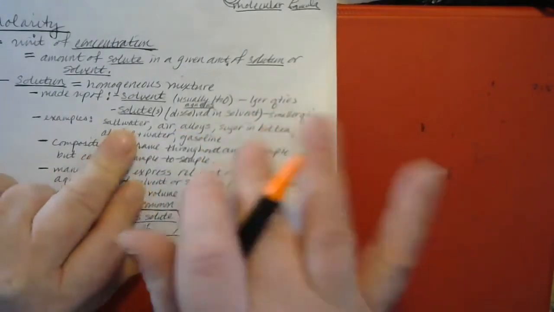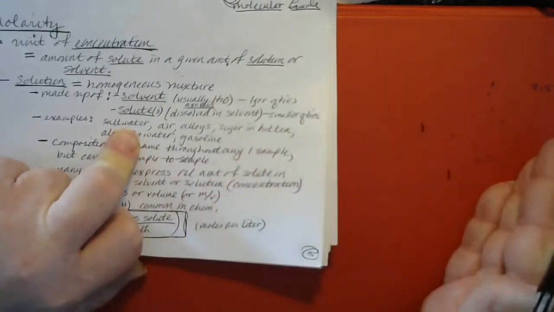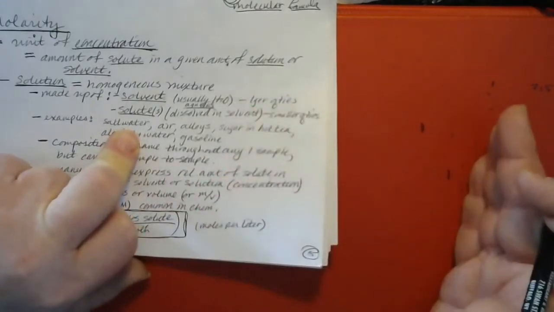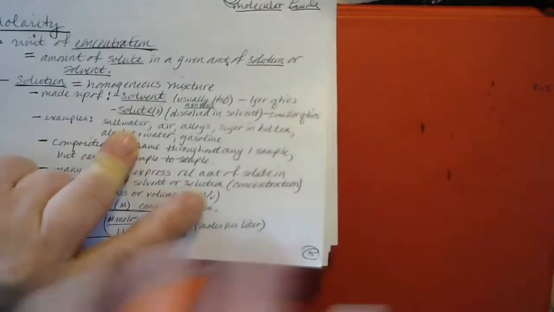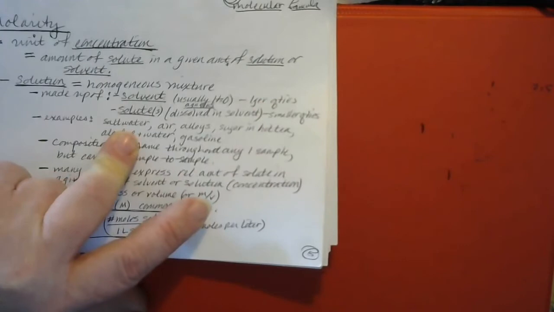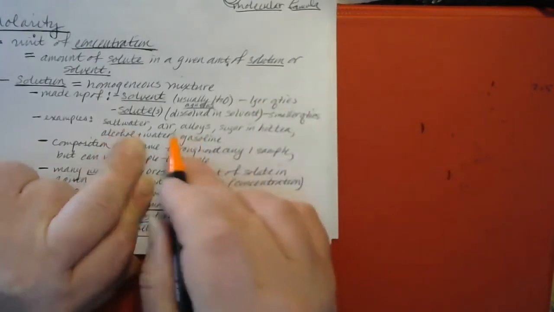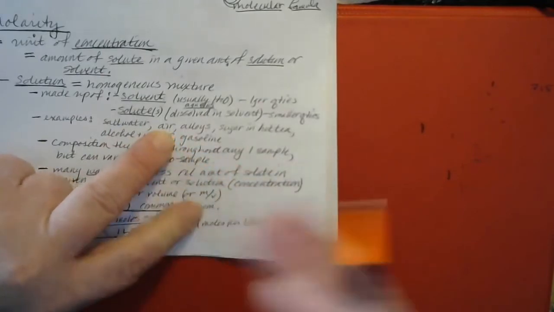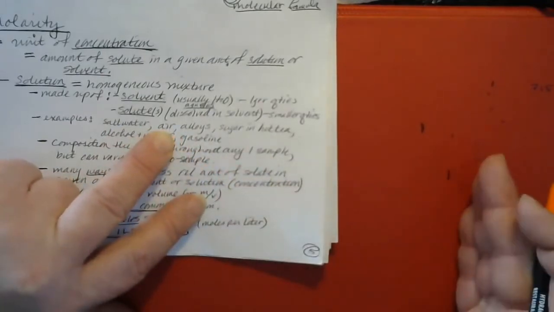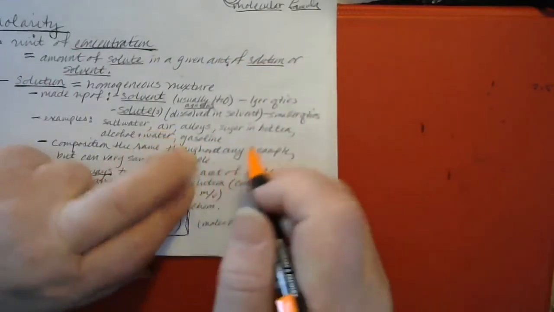Like when you dissolve salt in water, first of all, salt ionizes into sodium ions and chloride ions, and then they move around in the water as individual ions, and they can mix evenly in with the H2O molecules. Same with the air. The oxygen molecules in the air can move around freely and individually in among the nitrogen molecules, so that's a homogeneous mixture.